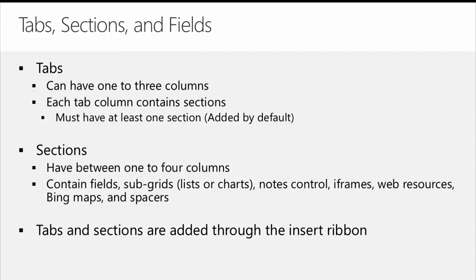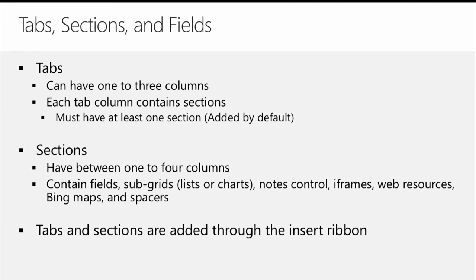Now, on the form itself, when you start adding and moving different components, you're going to see that it's broken down into tabs, sections, and fields. From a tab perspective, that's really where you're going to be able to collapse and expand stuff as necessary, to give you that primary grouping for those individual situations.